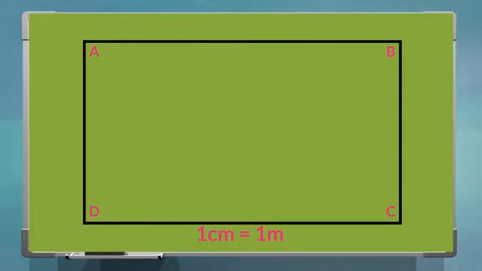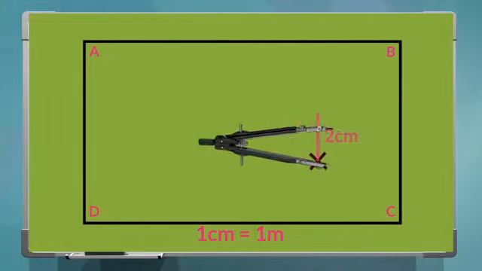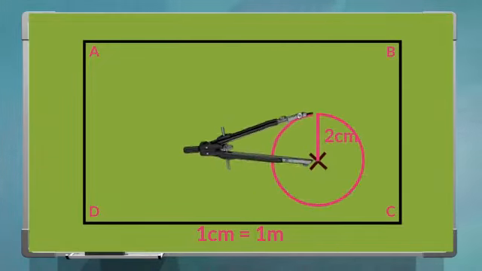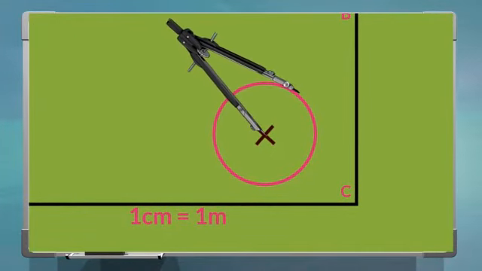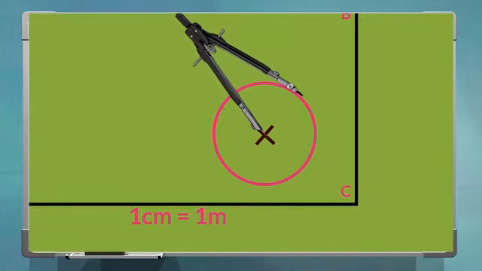Okay, so first of all, we can show the region around the tree. The flowers have to be further than 2 metres from the tree, so let's measure a 2 centimetre gap from the compass point to the pencil point and draw a circle around the tree. Okay, now that is done, we need to draw an angle bisector where the walls BC and CD meet up.